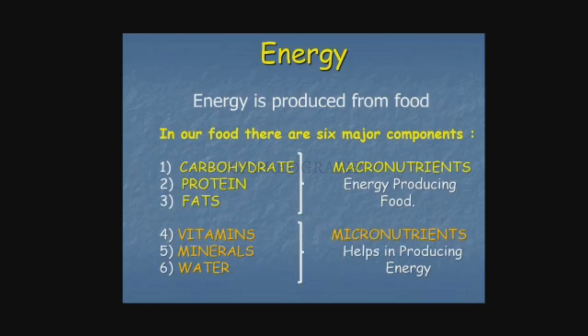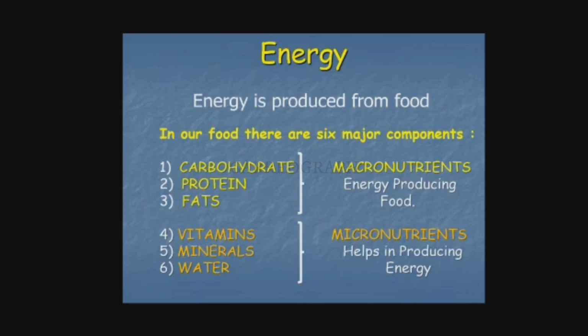And in these micronutrients, we have vitamins. There are 6 types of vitamins present in our food, like vitamin A, D, E, K. All these 4 types of vitamins are fat soluble vitamins, whereas vitamin B and C are water soluble vitamins.